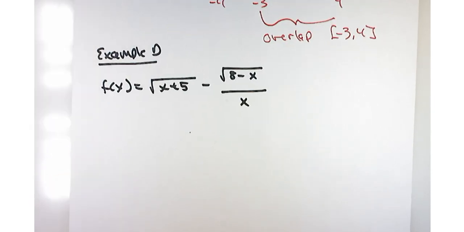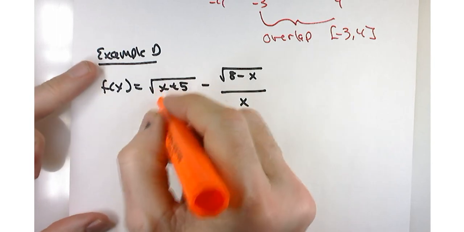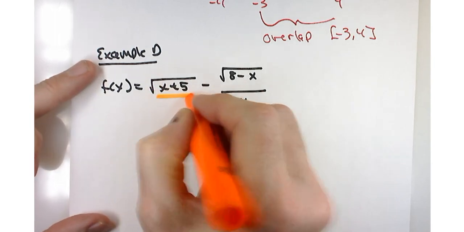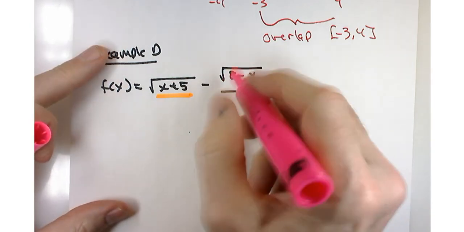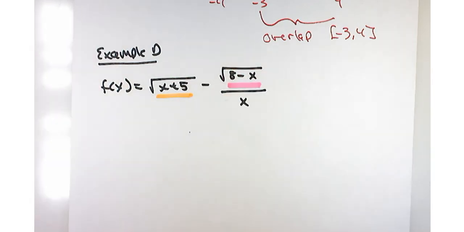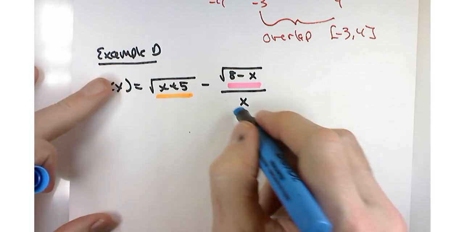Now there are going to be 3 different areas of concern for us in this problem. I'm concerned about this part of the function, this part of the function, and this little piece down here.